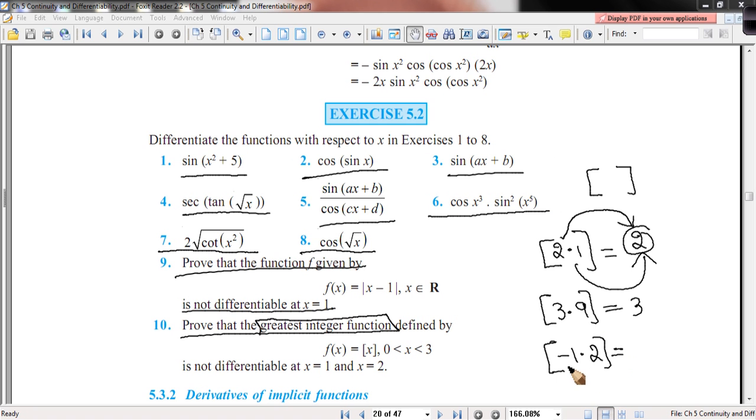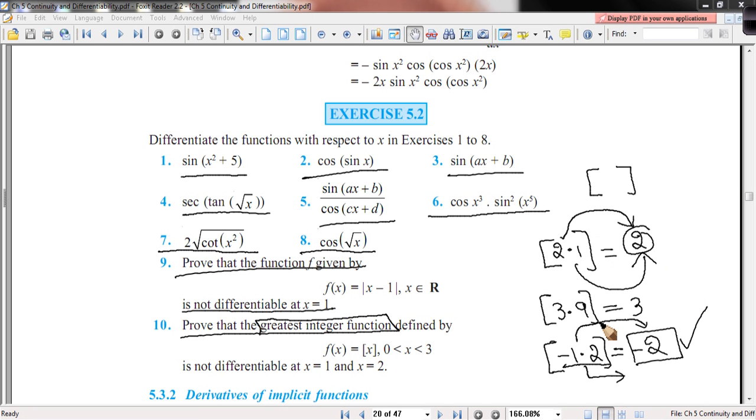It should be an integer less than this, but the greatest of all the integers less than this. That means it is not minus 1, it should be minus 2. Minus 1 is greater than minus 1.2. So the answer is minus 2.